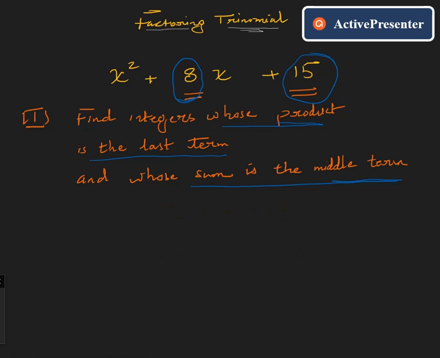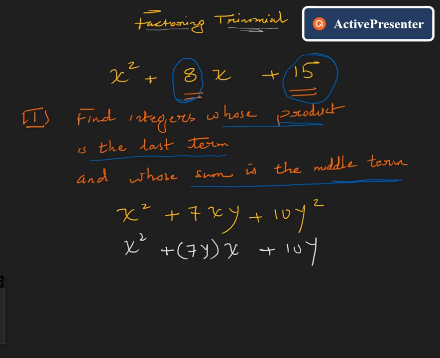Let's have another question. x squared plus 7xy plus 10y squared. Before factoring, let me organize it in an easy way for you to understand. Okay, I would say x squared plus 7y, multiplied in x, plus 10y squared.